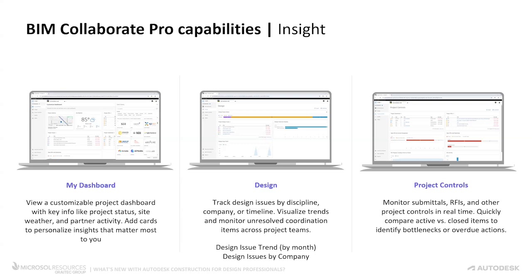You can also customize the dashboard to show RFIs if you intend to use Autodesk Build later. You can see your RFI in here. And when I mentioned the partner activities, meaning your card library for your insight, if you have Matterport or any other third-party services, you can customize and add them to your insight dashboard here.